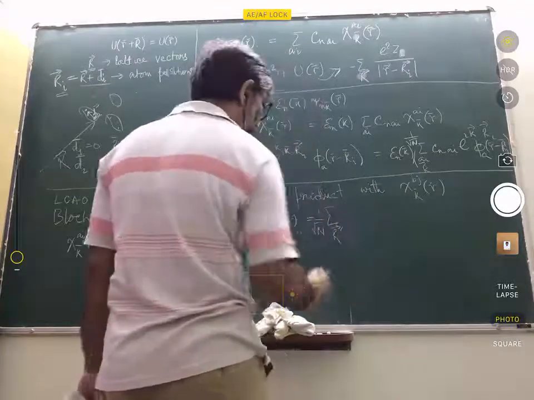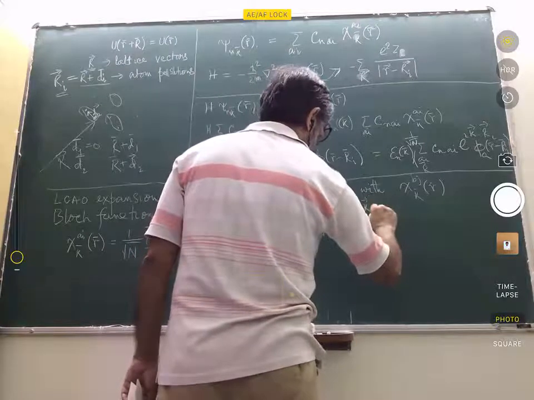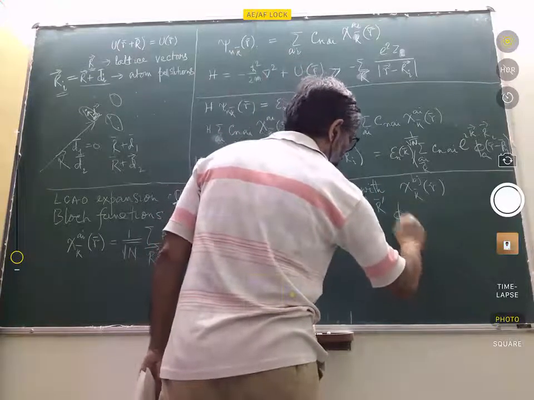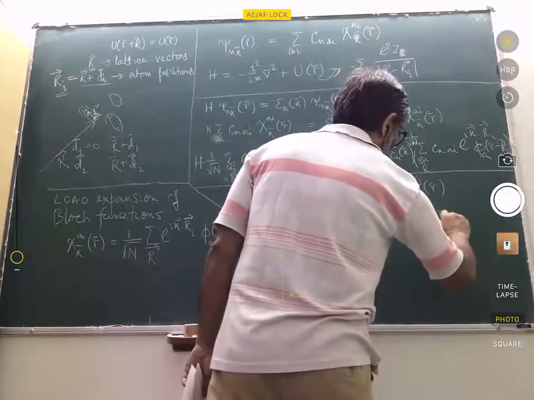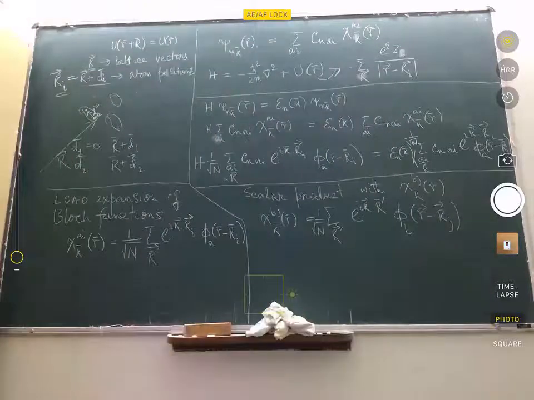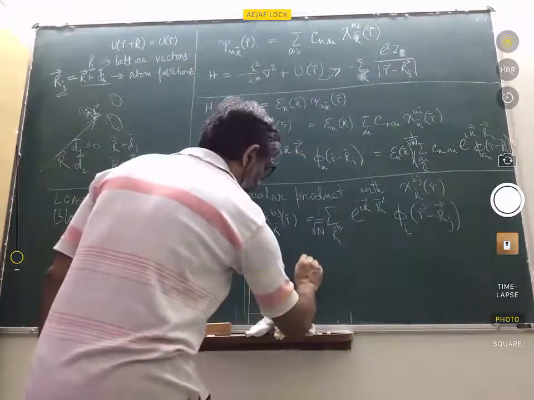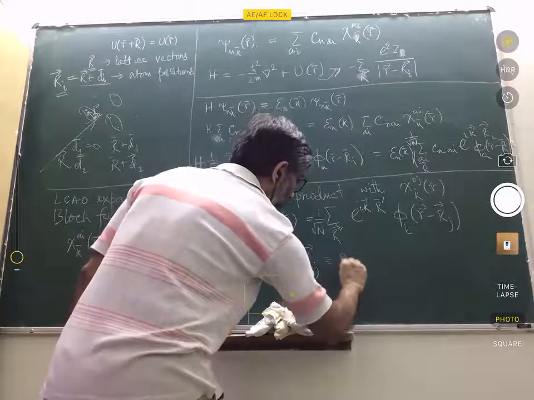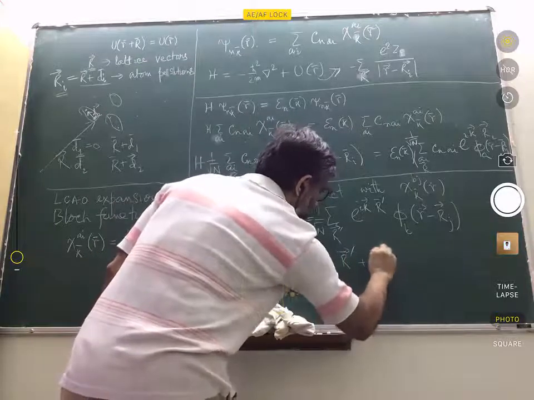So let me write a prime here. This expansion means the atoms are actually sitting at locations. So chi rj is a location that is r prime plus dj.